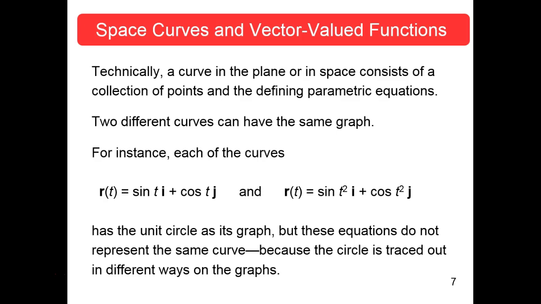Okay? In this way, if t is starting at 0, then your x would be 1 and your y would be 0, and then you'd go this way and this way and this way and that way.